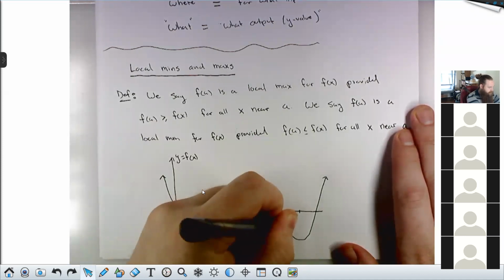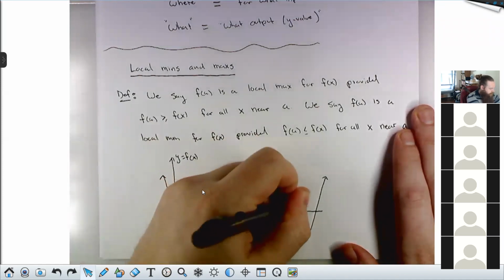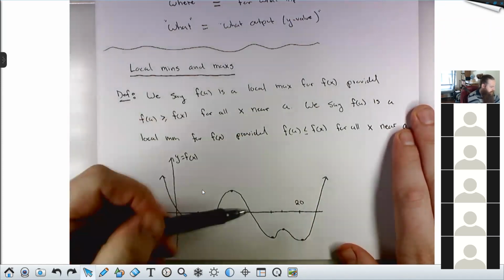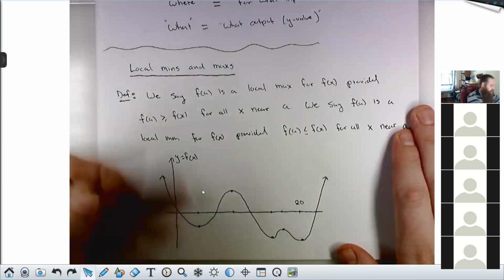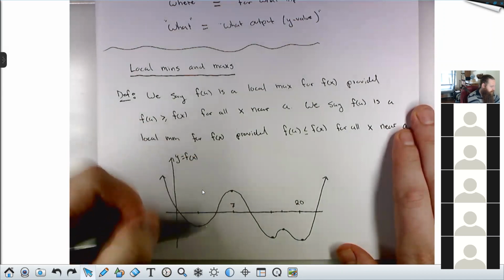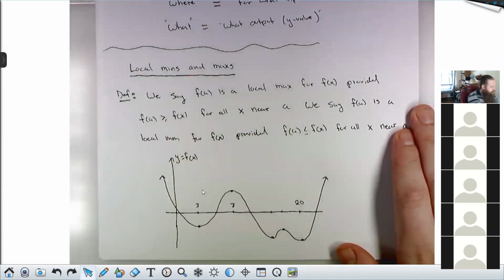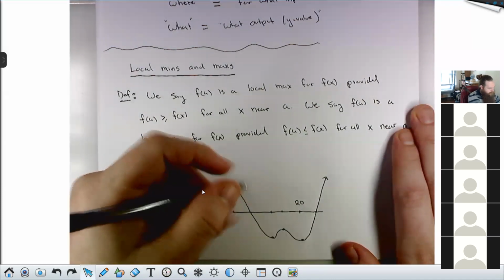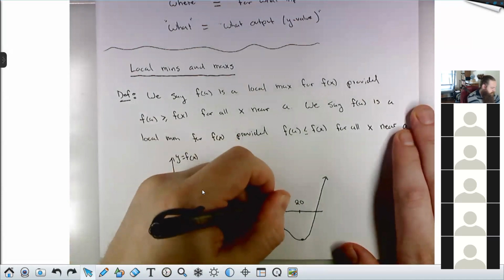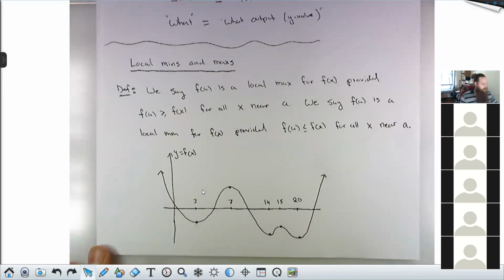Make that scale a little better. We'll call this 20, which means halfway here is 10. So we can call this like 7, which means halfway here would be 4.5. So we'll call that 3. That's 20. Then I'll call this 15 and 14. A little more reasonable.